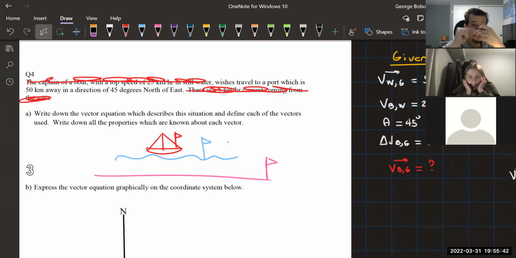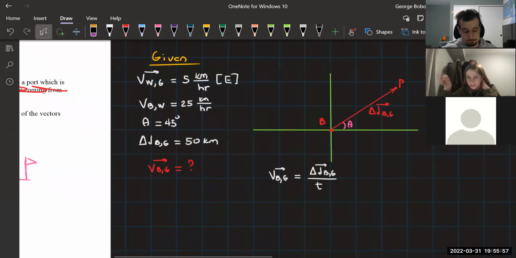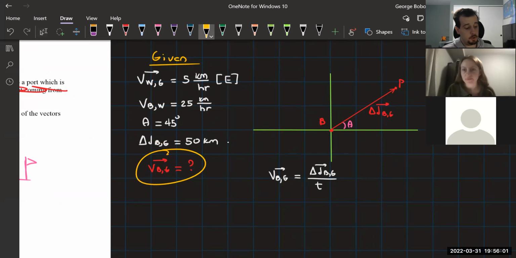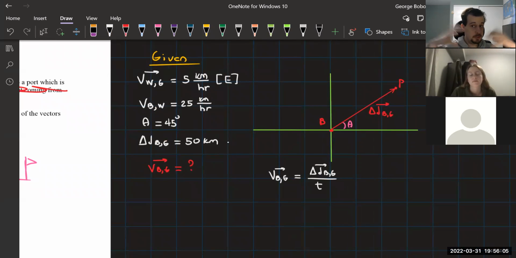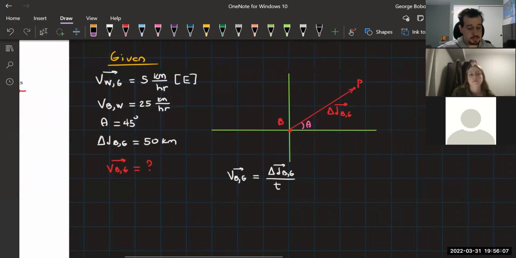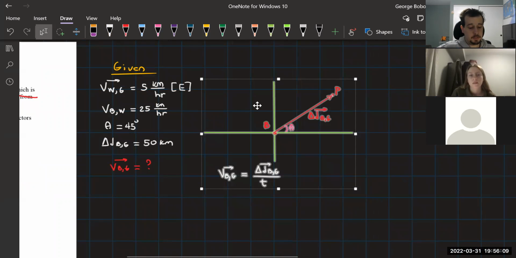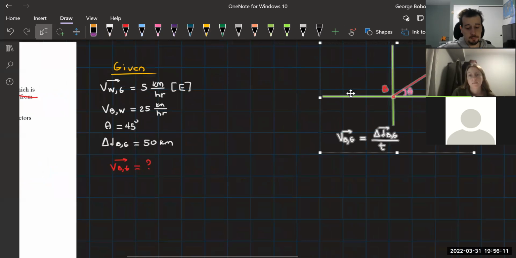By vector equation, Jamie, what do you think they mean by vector equation, first of all? Is it like what you do to solve the unknown, like the VG equals? Basically, so you want to express the unknown in terms of these two. Remember the middle subscript cancels, that kind of stuff? Okay, so how would you do that?